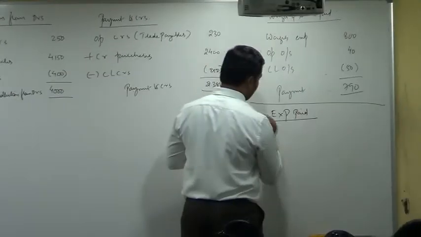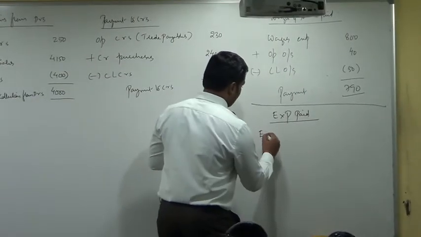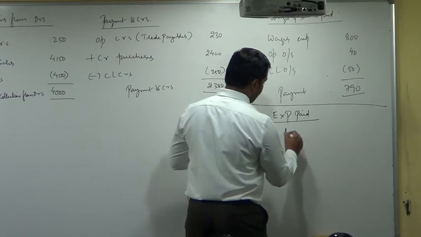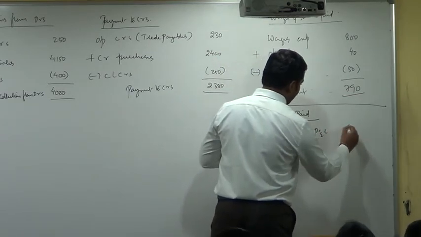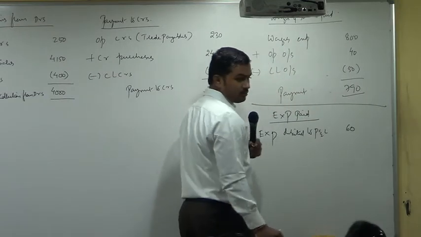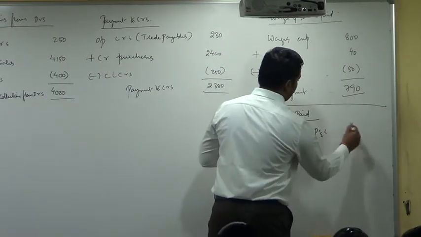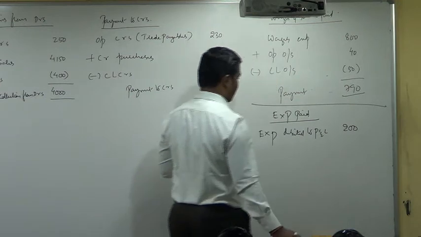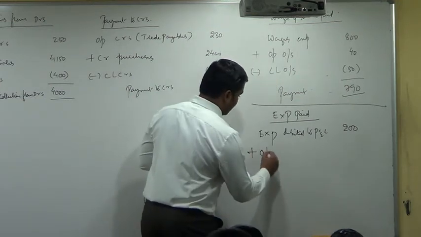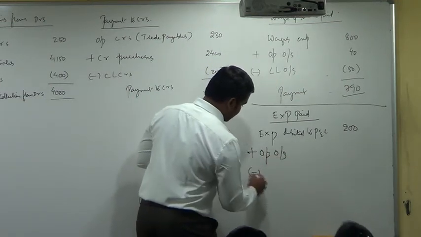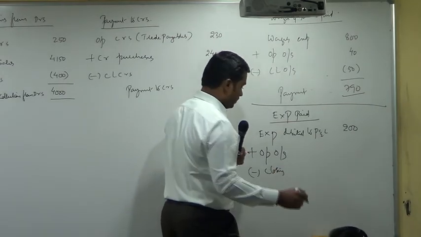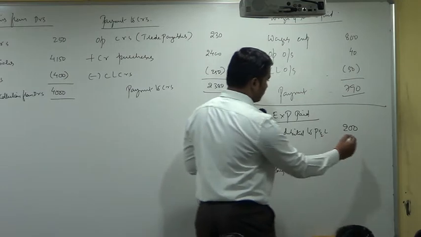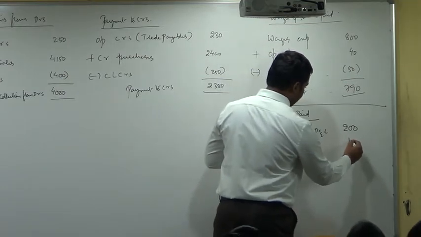Expenses paid, expense debited to P&L account. Please tell me how much expense is debited to P&L account? 200. Expense debited to P&L account 200. Add opening outstanding less. Do you have any prepaid? Closing outstanding. Tell me opening outstanding, how much was it? 10.